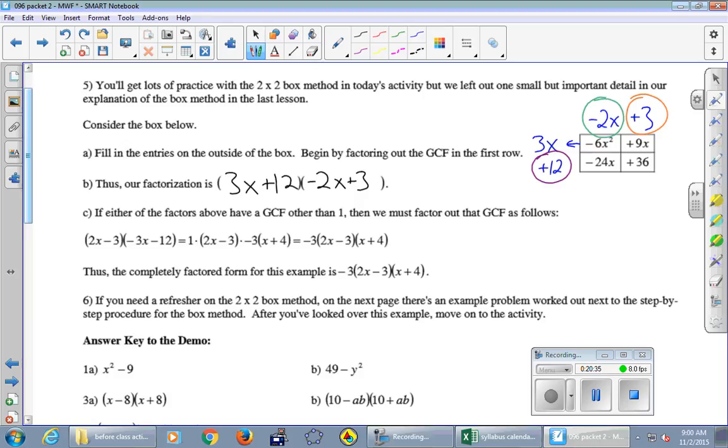So we have to go farther with this 3x plus 12. So we'd factor out the 3, and let's just write our final answer here. 3 comes out. What's left from the 3x plus 12? x plus 4 is good. And then what are we copying just as it is? Negative 2x plus 3. And that's it. That's our final answer.